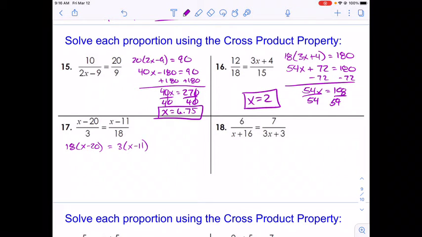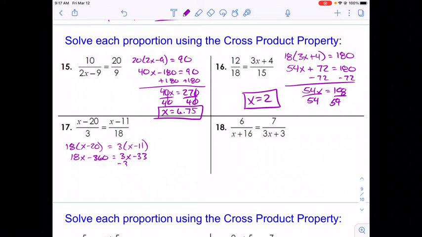So now we have to distribute on both sides. That gives us 18x minus, let's see here, that's going to be, what, 360? And then we put equals, this gives us 3x minus 33.